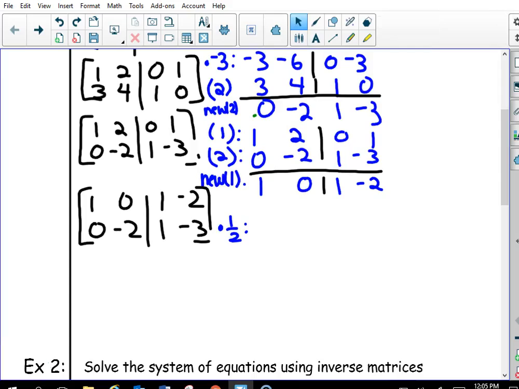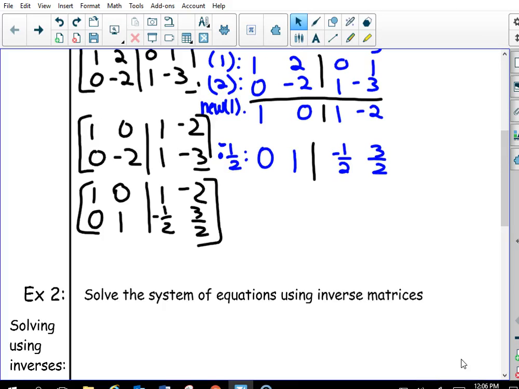Okay, multiplying the second row by 1/2, I get 0, and it should be a -1/2, so I can get a +1. 0, 1, and then -1/2, and it looks like a +3/2. I copy that over, rewrite my matrix.